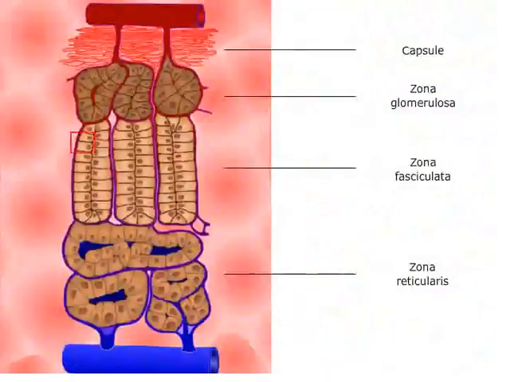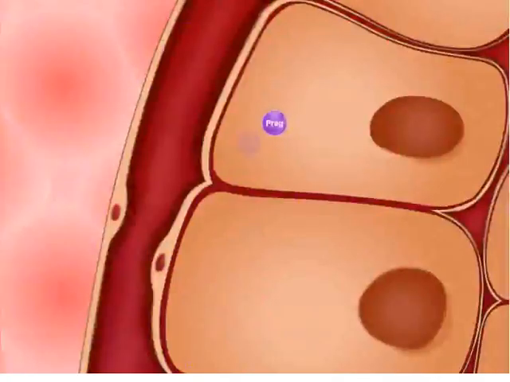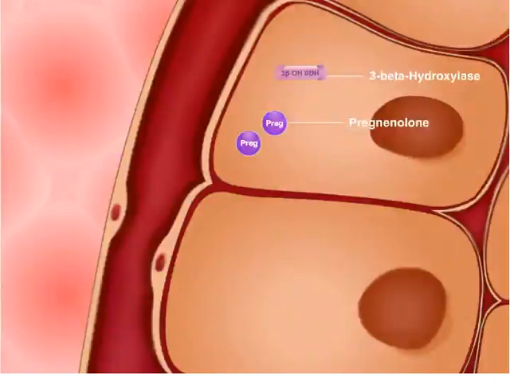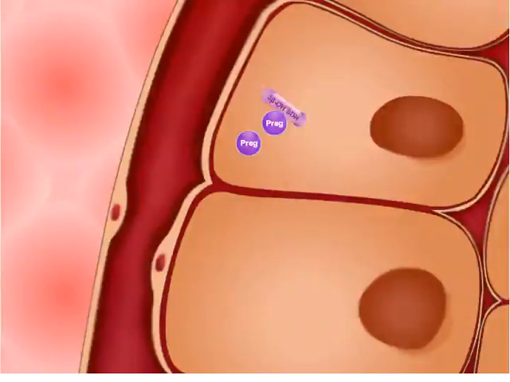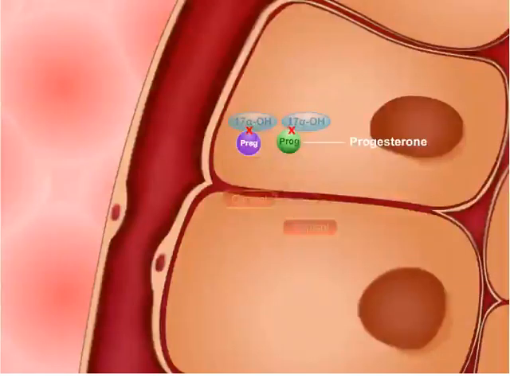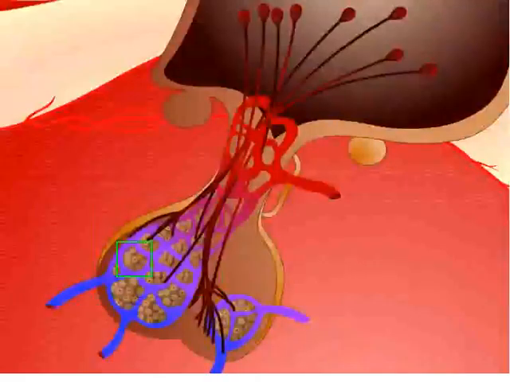Let's now proceed to the zona fasciculata layer. Here we see the formation of pregnenolone and progesterone. 17-alpha-hydroxylase deficiency impairs the synthesis of cortisol. An insufficient amount of cortisol in the bloodstream will affect the pituitary gland.